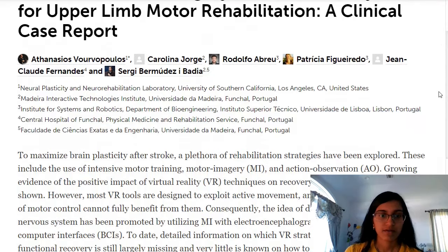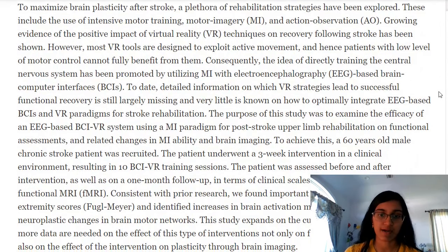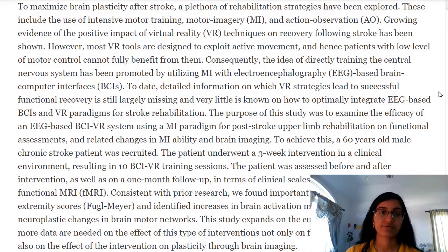So this first paragraph here is the abstract, which we're going to skip for today because we're looking at the introduction. But I often do start with the abstract just because on a lot of articles online you have to pay to see the full article, but the abstract will be free. So I just kind of got into the habit of reading this first.